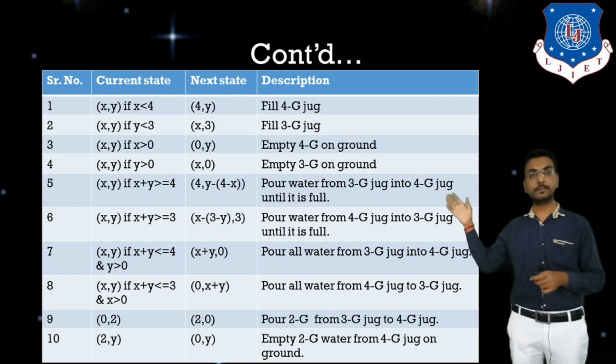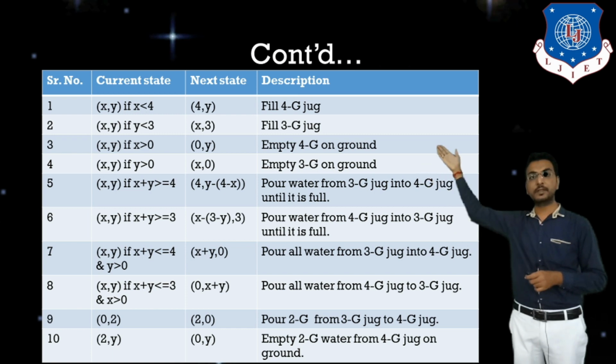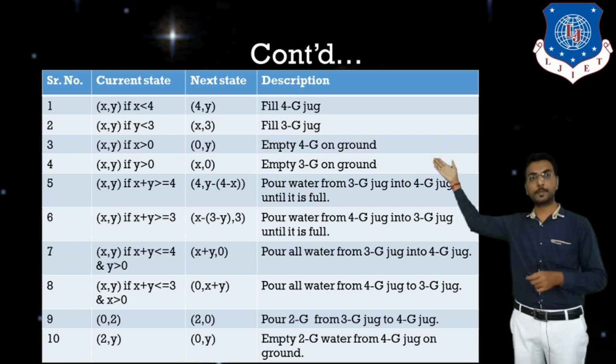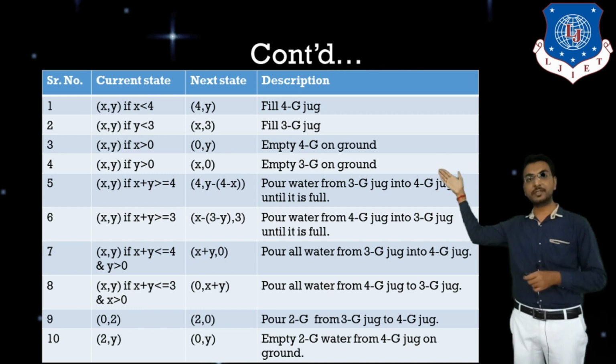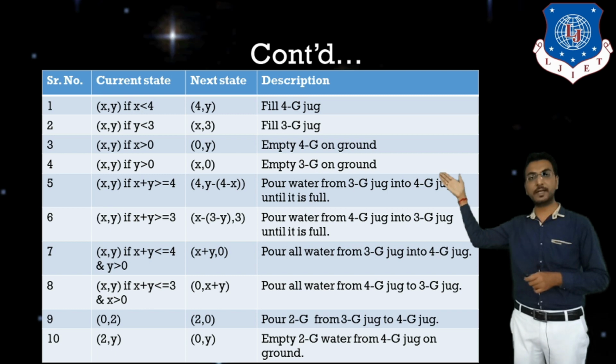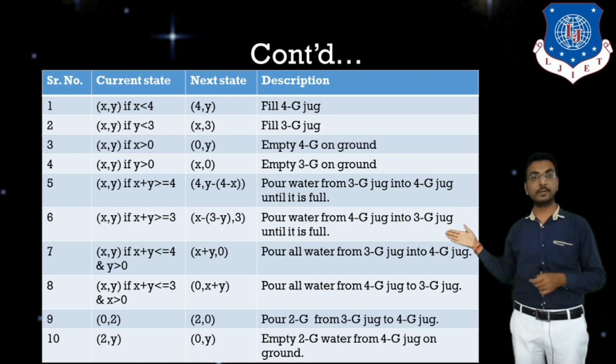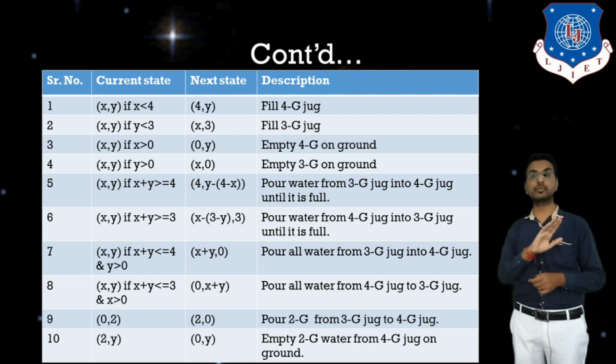See, the first rule, X comma Y, is fill the 4-gallon jug fully. Second rule, if X comma Y and Y is less than 3, then fill the 3-gallon jug fully. Likewise, empty the 4-gallon jug, 3-gallon jug. All these rules are specified in such a way that we are not having any measurement instrument.